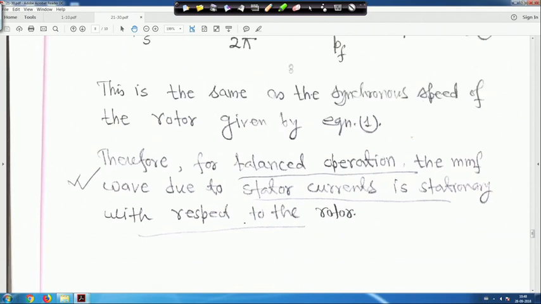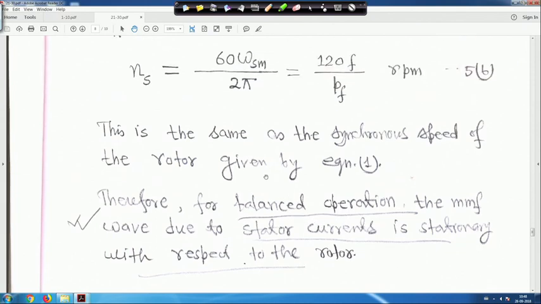Therefore, for balanced operation, the MMF wave due to stator current is stationary with respect to the rotor, because both are moving at the same speed.